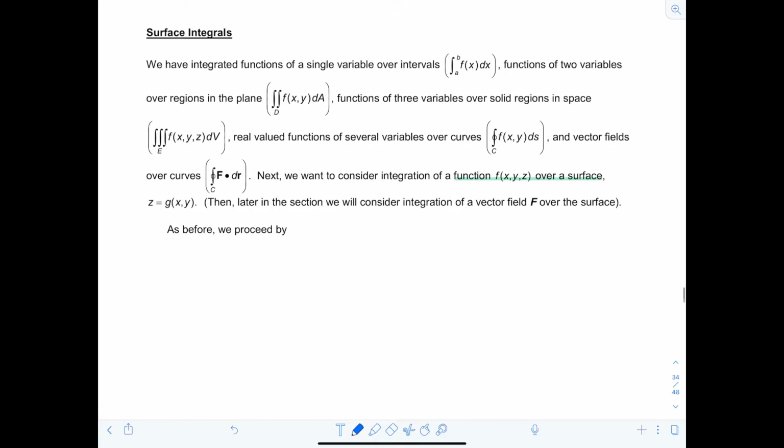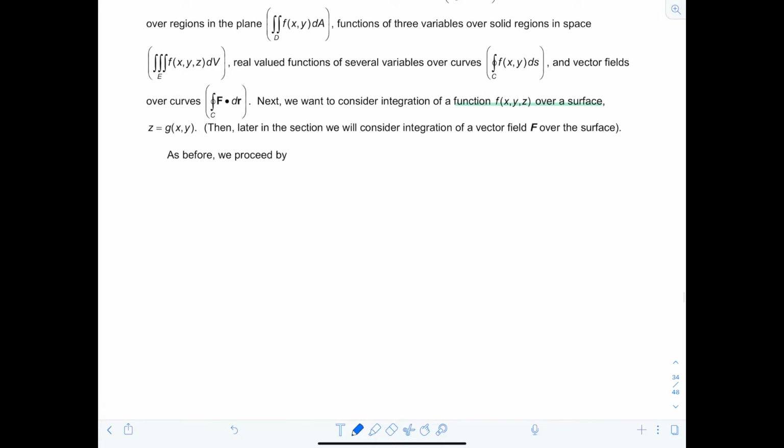Well, as before, we proceed by cutting up the surface, partitioning it, right? And you pick a point in each piece. Then you evaluate the function f at that point.